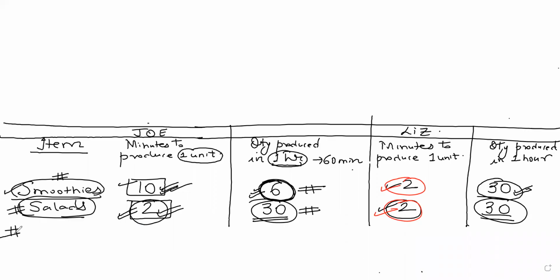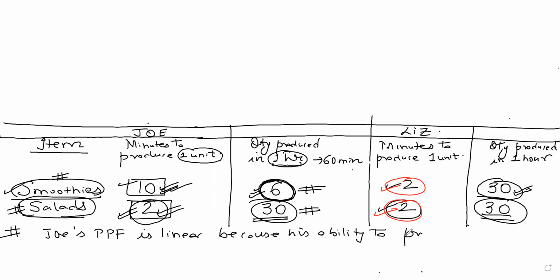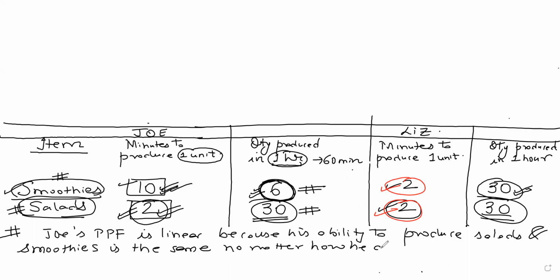So I can write that Joe's production possibility frontier is linear because his ability to produce salads and smoothies is the same, no matter how he divides his time between the two activities.